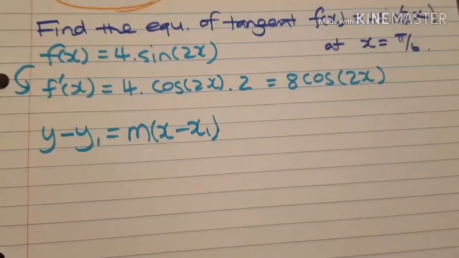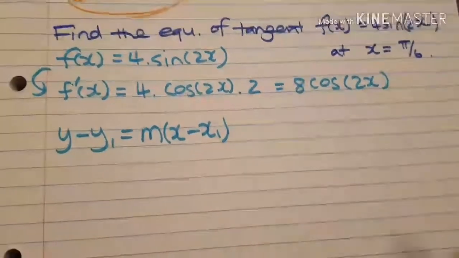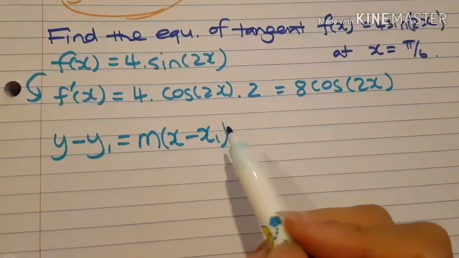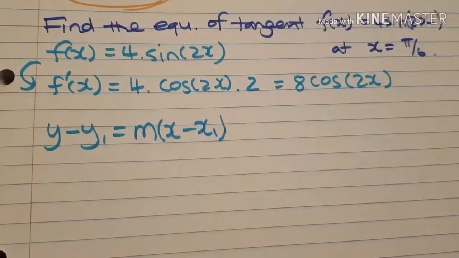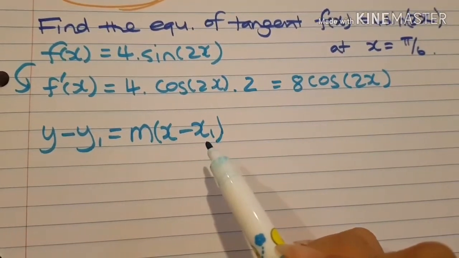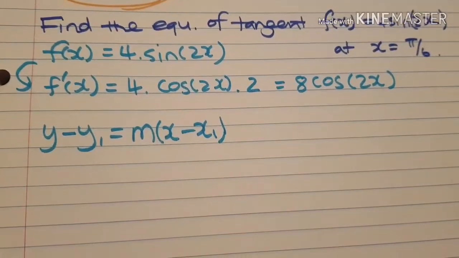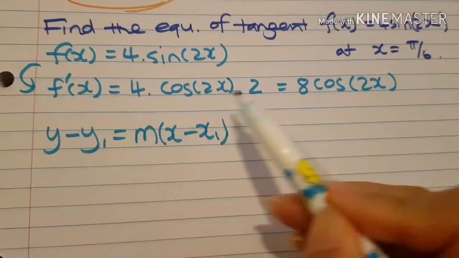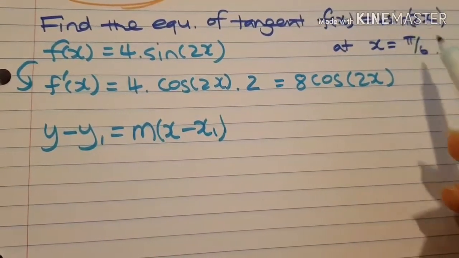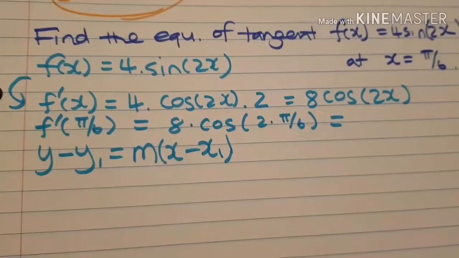Right, next is finding the equation of the tangent, okay? If you want to substitute those values, we know that we need the m value and a coordinate that passes through the equation, right? So obviously, what do we need to do? In here in the gradient function, I need to insert x equals pi over 6 to find out the gradient.